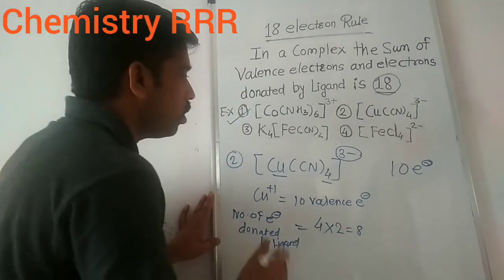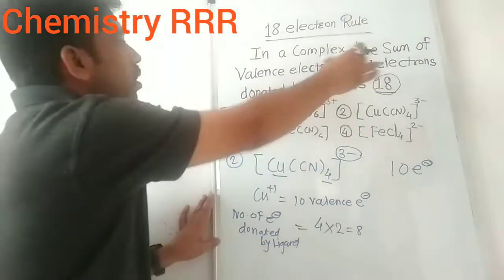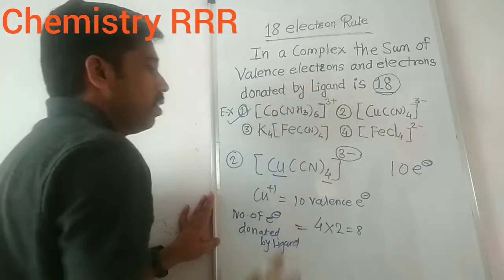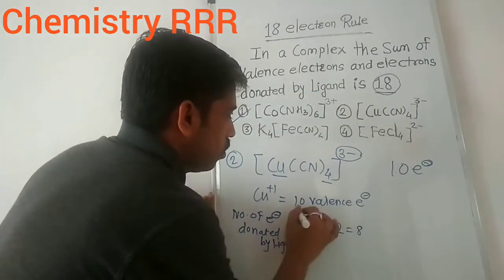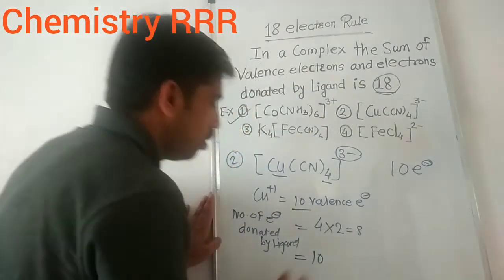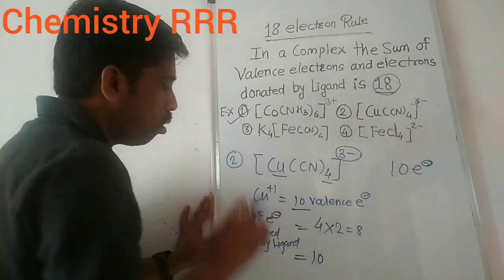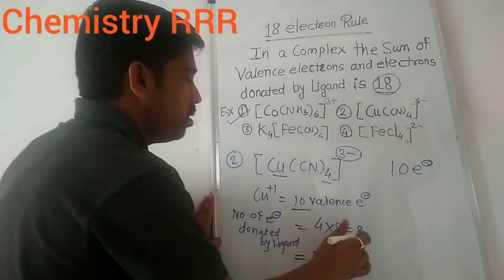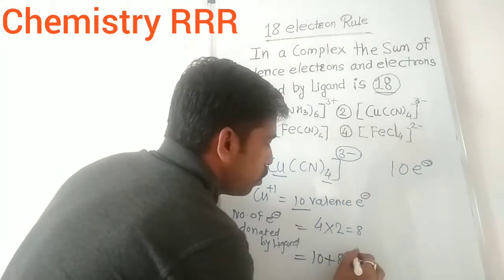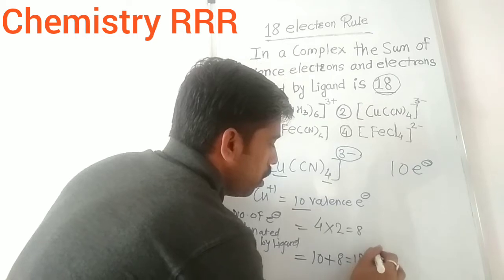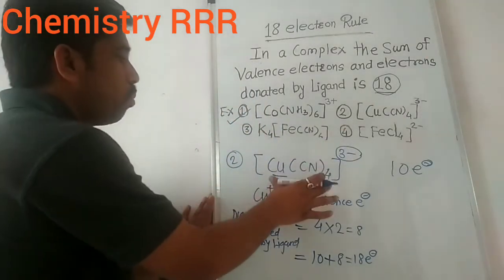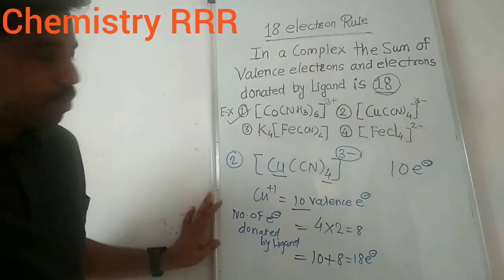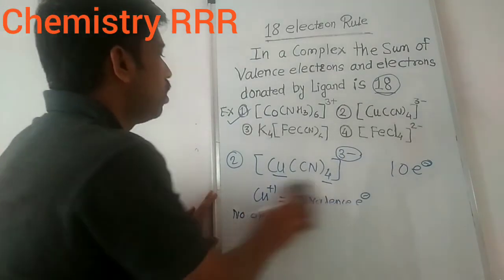Now, for the 18 electron rule, it is the sum of the net valence electrons and the electrons donated by the ligands. So 10, the net valence electrons in copper, plus 8, the electrons donated by the ligands, is equal to 18 electrons. So this complex obeys the 18 electron rule, and it is a stable complex.